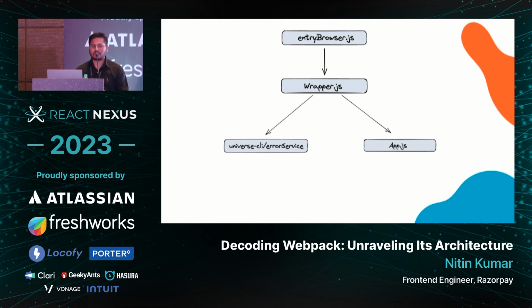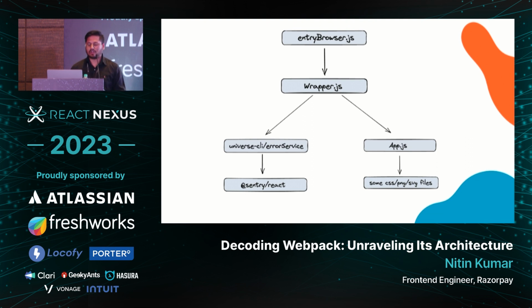Universe is actually a front-end tool that we use at Razorpay that provides everything out of the box, like your error service management or your performance monitoring, and they again depend on something like Sentry or some CSS or some PNG files. So this is how the structure of a normal code base looks, right?